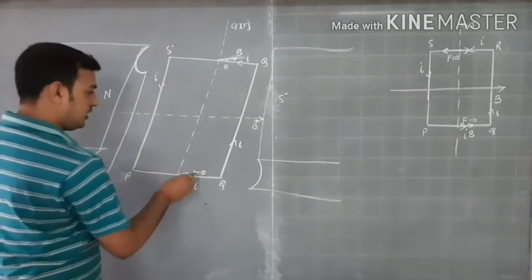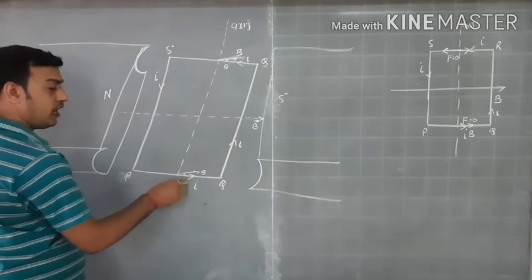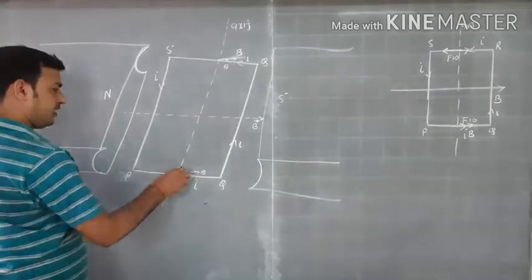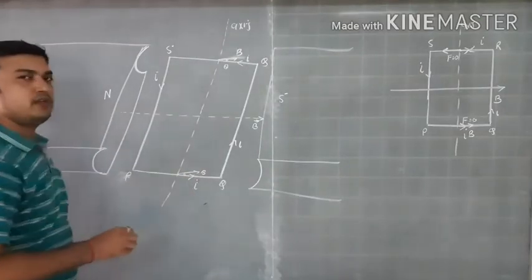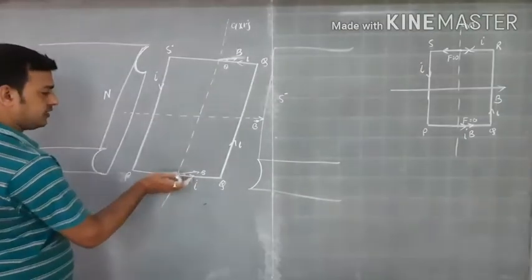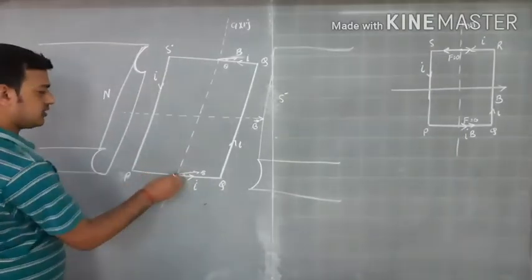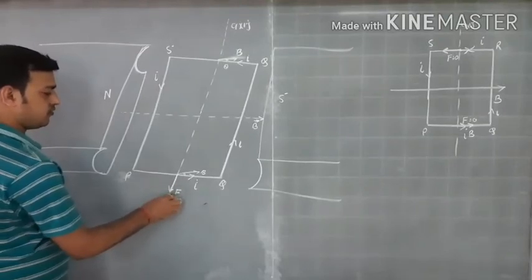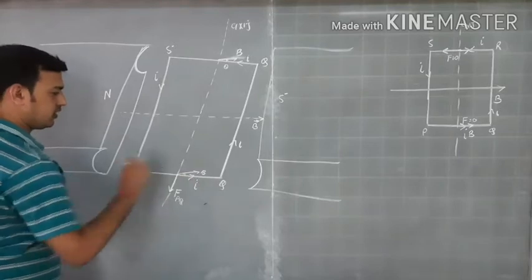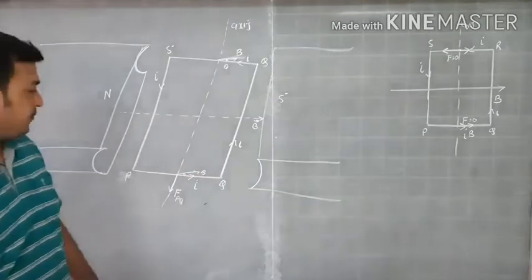In that case, to find the force you have to move from I to B, and if you move from I to B like this, then the force will be in this direction, that is downwards. So this is the force on the PQ arm, because there is an angle theta between these two.